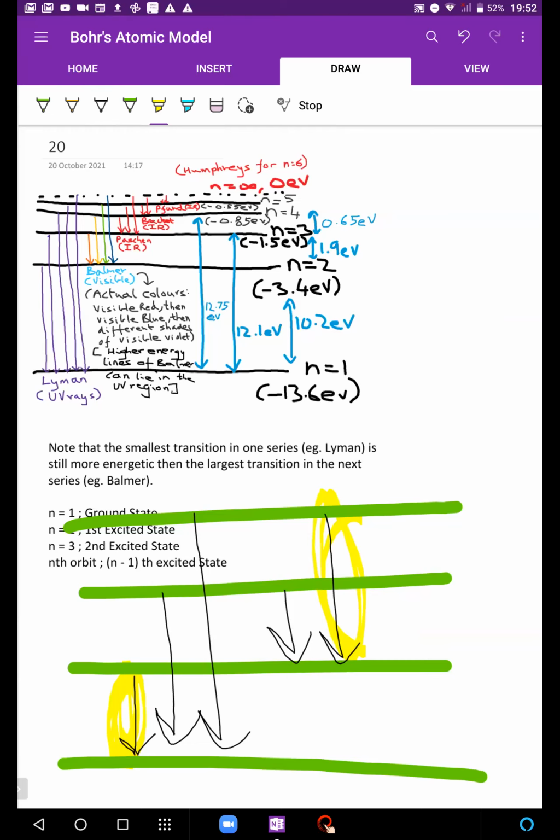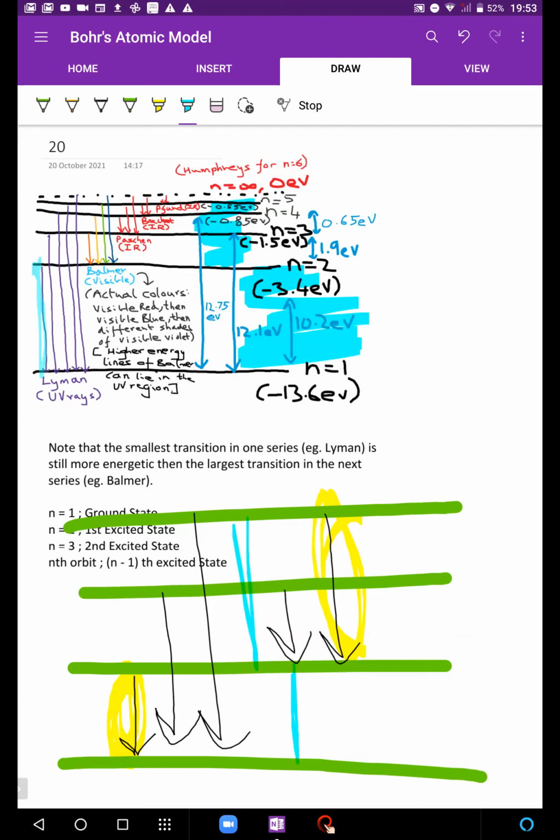Okay, if you want, you can draw it like this just to remember the names, what is Lyman, what is Balmer. But for energy differences, please remember this is not how the lines actually look. This gap is technically 3 times this gap. This gap is 10.2, this gap is 3.4.